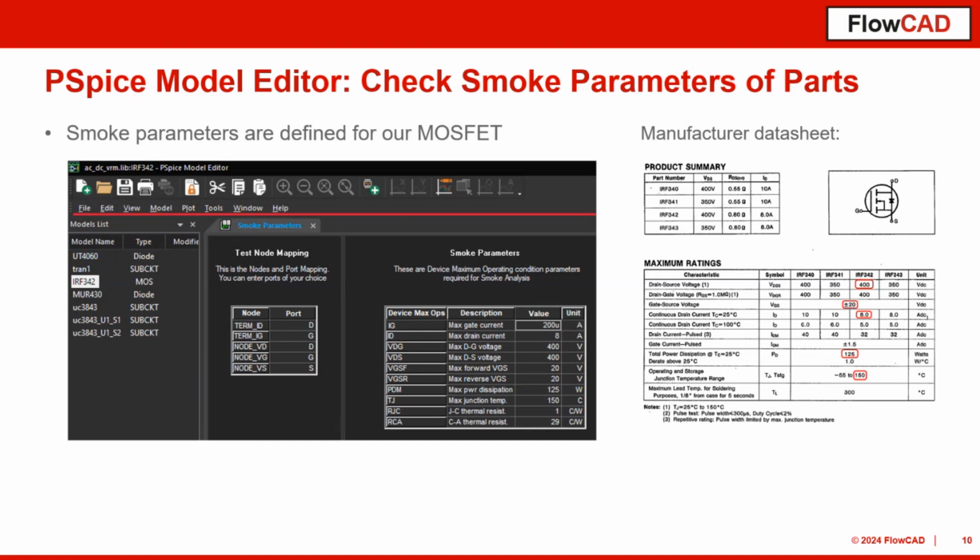It's not very problematic because you have the PSpice model editor and you just have the data sheet from the manufacturer, and you can add to any device simply the smoke parameters. The table will show up with all the parameters that you can specify, and you can read these parameters from the data sheet and put them in. This is a one-time action, and once you save it, you have the smoke parameters defined for this new component.